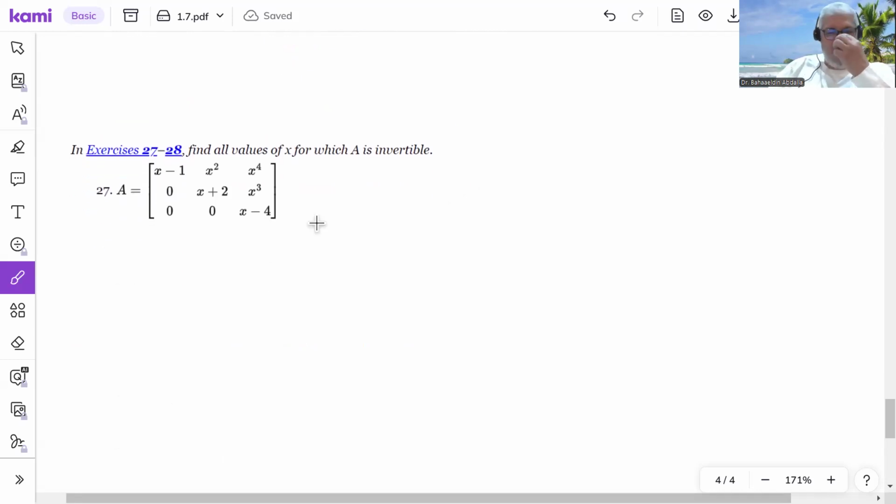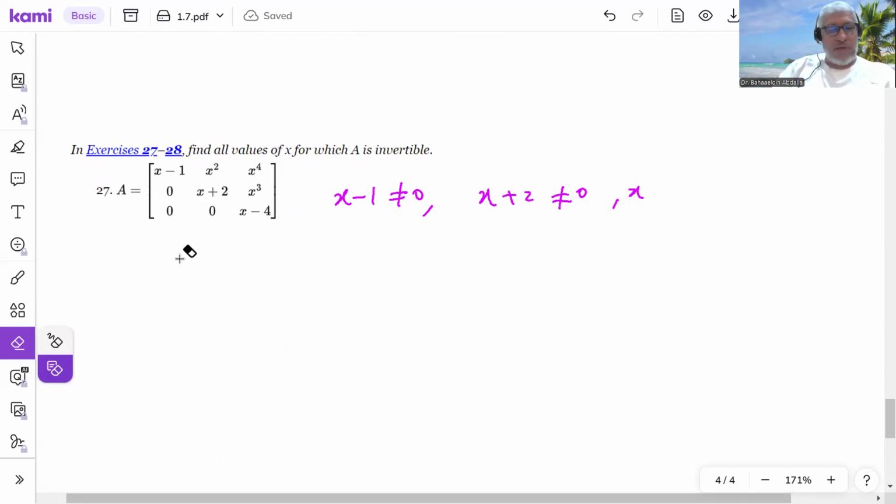Find all values of X for which A is invertible. Well, A is invertible if X minus 1 is not 0, and if X plus 2 is not 0, and if X minus 4 is not 0. The entries on the main diagonal shouldn't be zeros, because I have an upper triangular matrix.